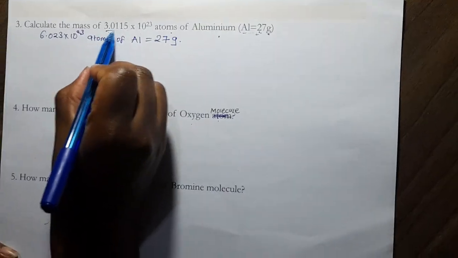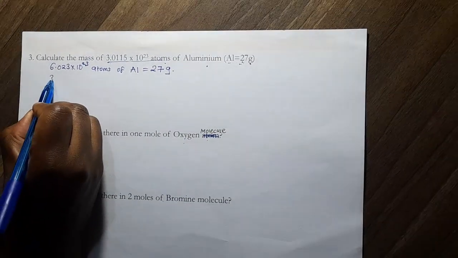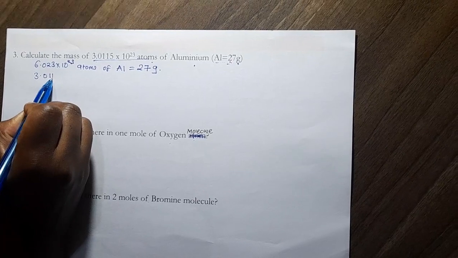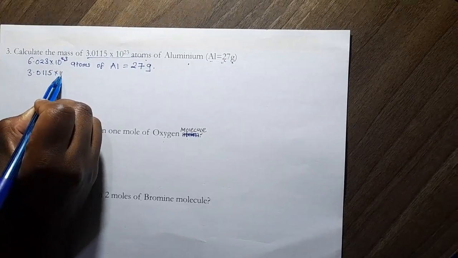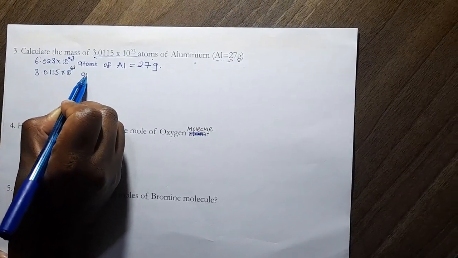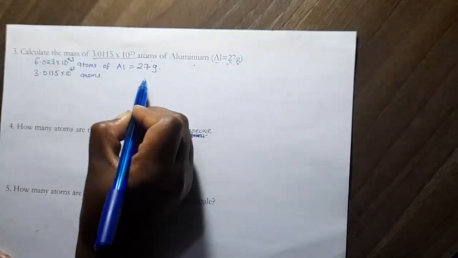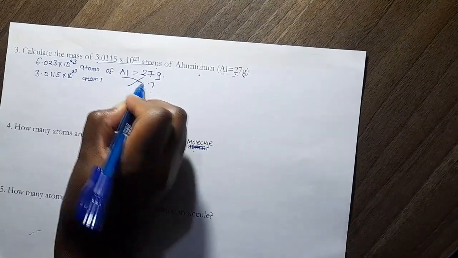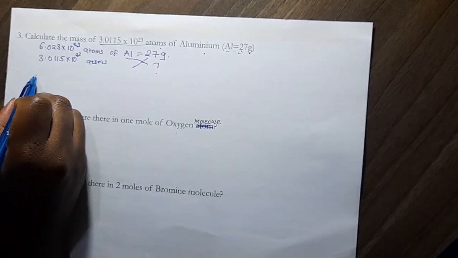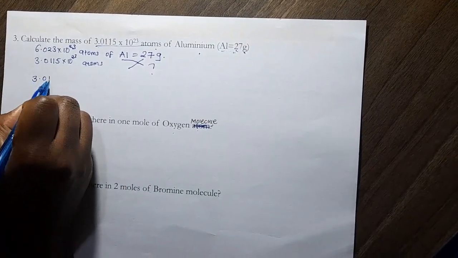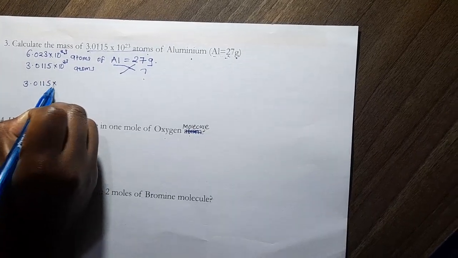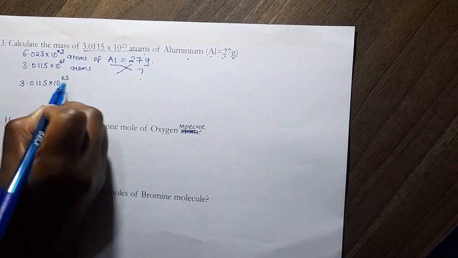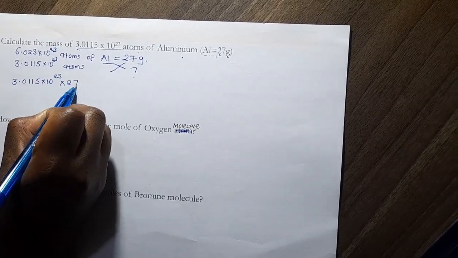So we are being asked, what about 3.0115 times 10 raised to the power 23 atoms? So we are to calculate the mass. So what we need to do is cross multiply here. So you are going to have 3.0115 times 10 raised to the power 23 multiplied by 27.